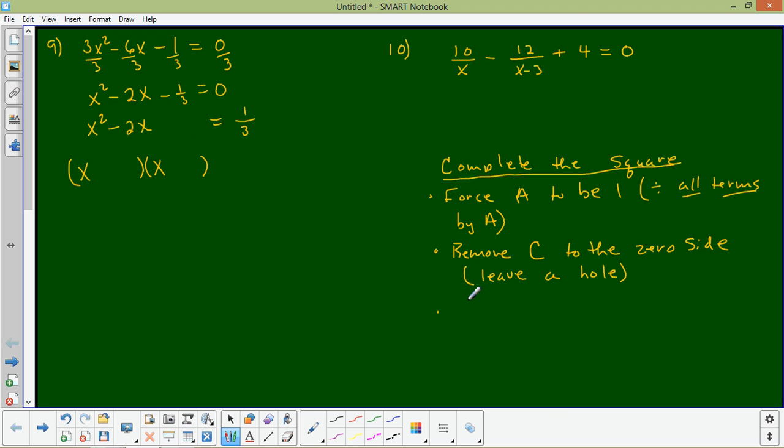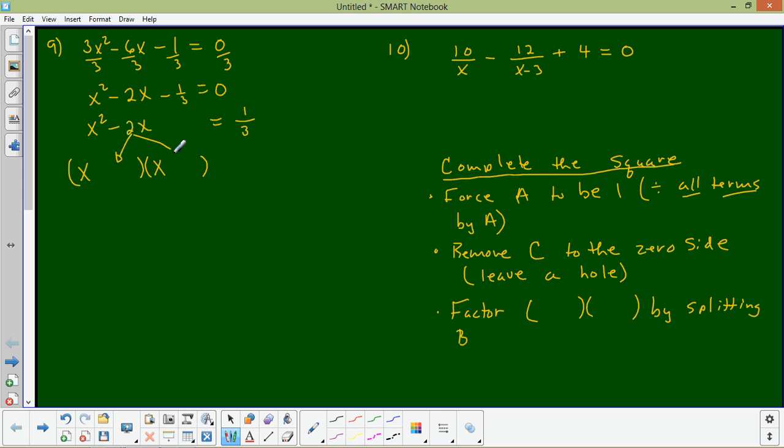Following bullet point is to factor, right? To actually make your two sets of parentheses, which we've sort of already done over there. And you do it by splitting B, right? And so right here's your B, minus 2.